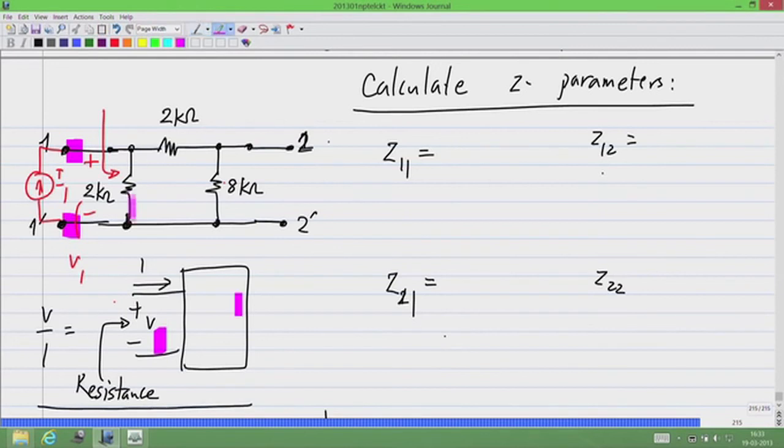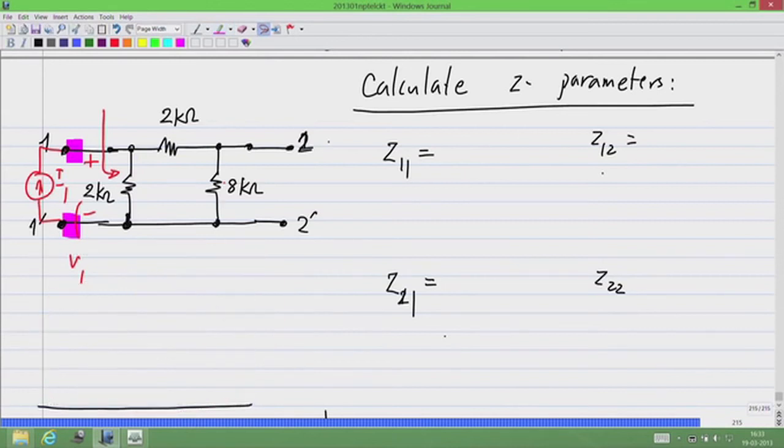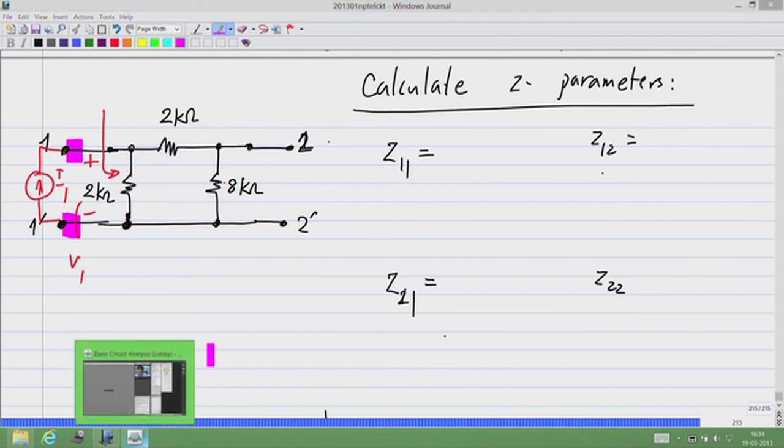So here, what do we have? The resistance looking into here would be 2 kilo ohm in parallel with this whole thing, and this is open circuited, right? So we have 2 kilo ohm plus 8 kilo ohm, that is 10 kilo ohm, and 10 kilo ohm in parallel with 2 kilo ohms.